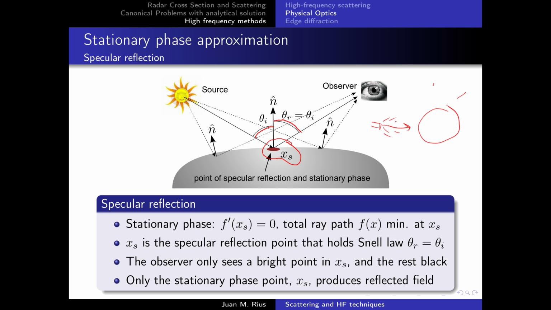You are observing here, and you only see a bright point here, at the point of stationary phase. The rest is completely dark. You don't see the whole sphere. You just see only one point, the stationary phase point. You see nothing else.